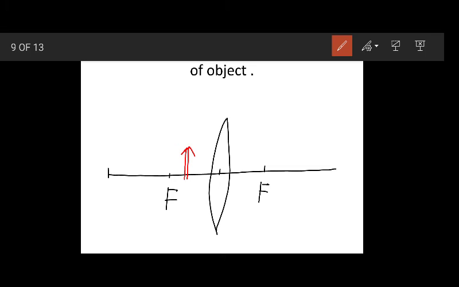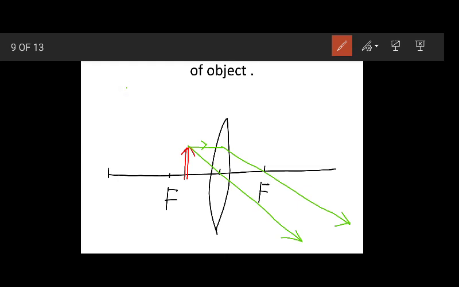How, I will discuss here. First of all, a parallel beam of light, parallel ray, parallel to the principal axis. After refraction, it will pass through the principal focus. Another ray, when it passes through the optical center, will not deviate or change its direction.